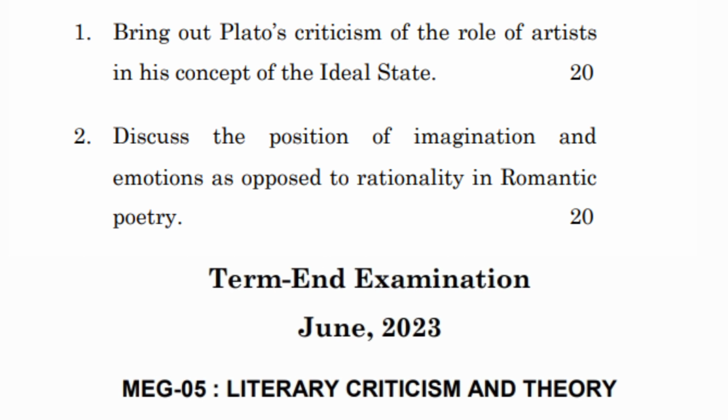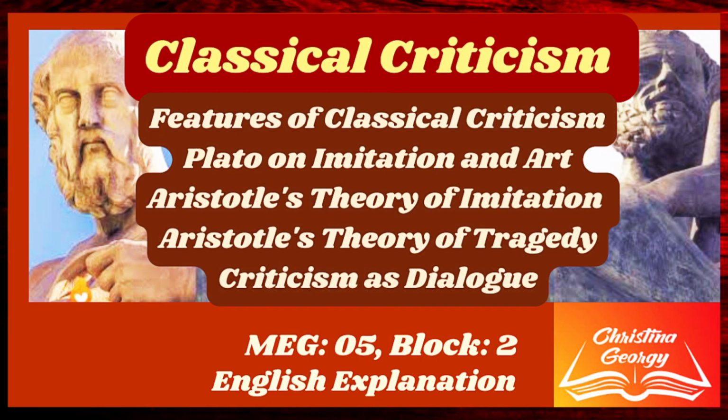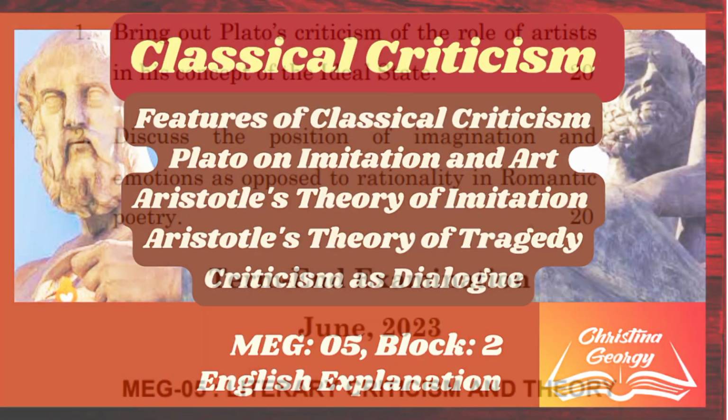Plato believed that art served no useful purpose in society, and therefore he proposed to keep artists away from his ideal state. This criticism of art forms a significant part of Platonic philosophy. You can find the relevant information in your official IGNOU study material for further reference. Make sure that you frame your answers in 500 words as mentioned in the question paper.